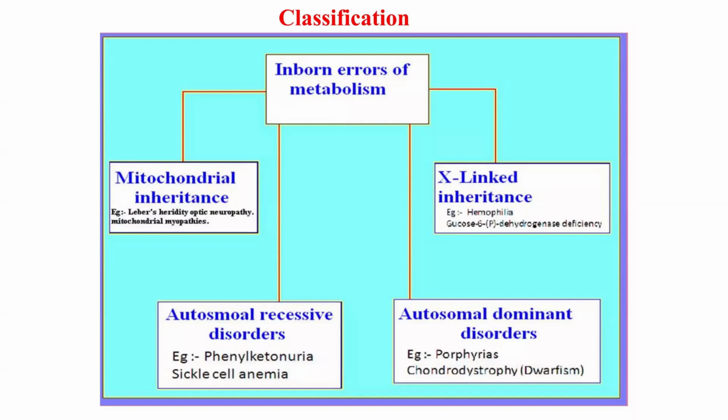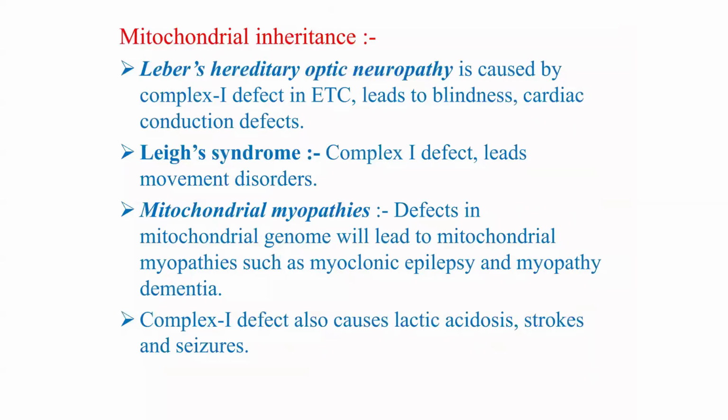As we continue with the lecture, we are going to look at the other causes of metabolic disorders or inborn errors of metabolism. What are the diseases associated with mitochondrial inheritance? We have Leber's hereditary optic neuropathy.